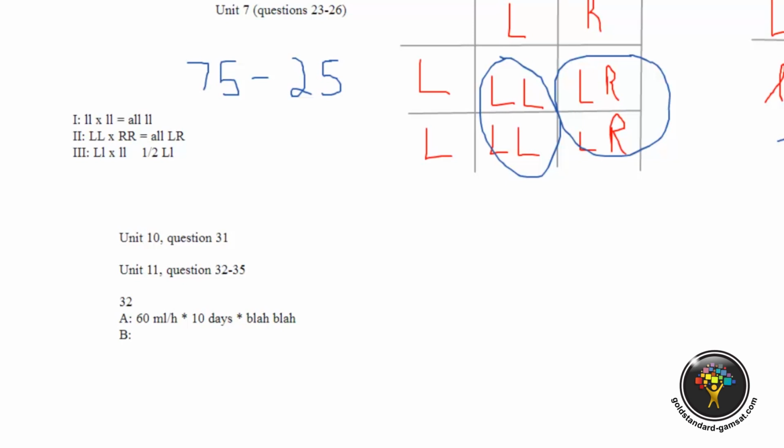I'm going to give it around 20, so around 20 milliliters per hour, and it's times whatever, 20 days, and then it's the blah blah. And then C is going to be an average around 10 for a period of about 30 days.